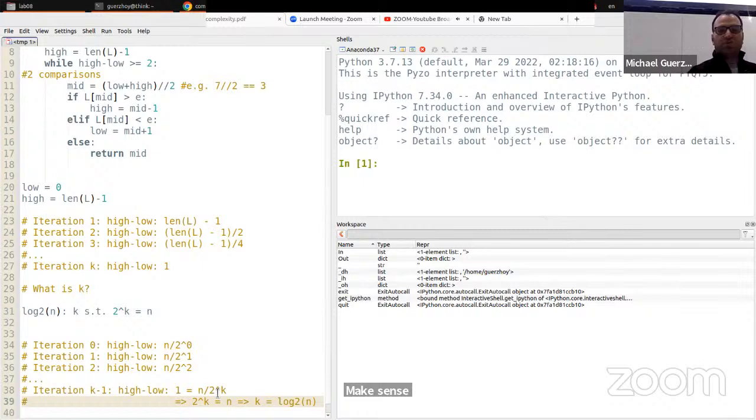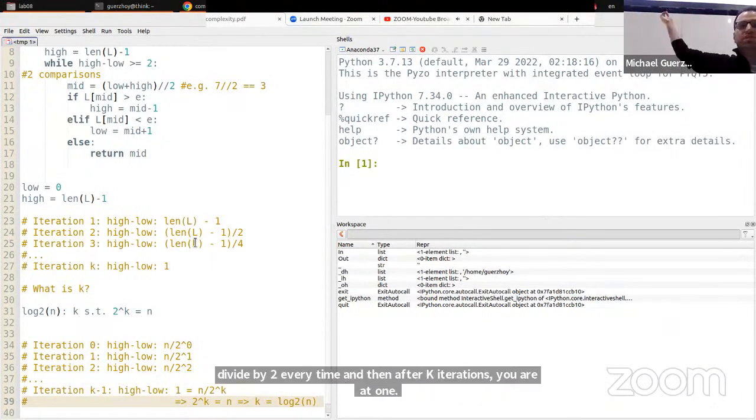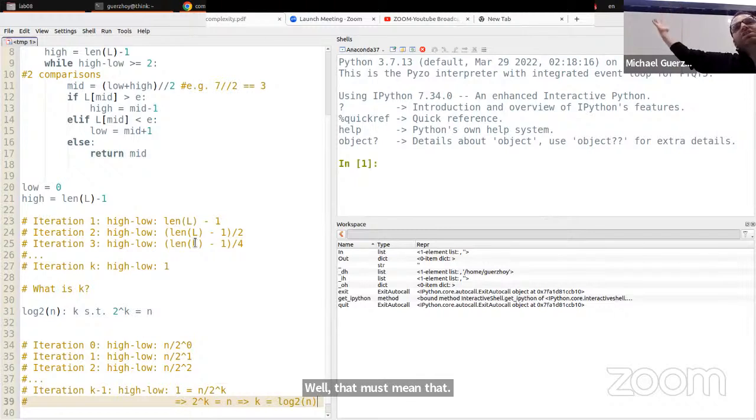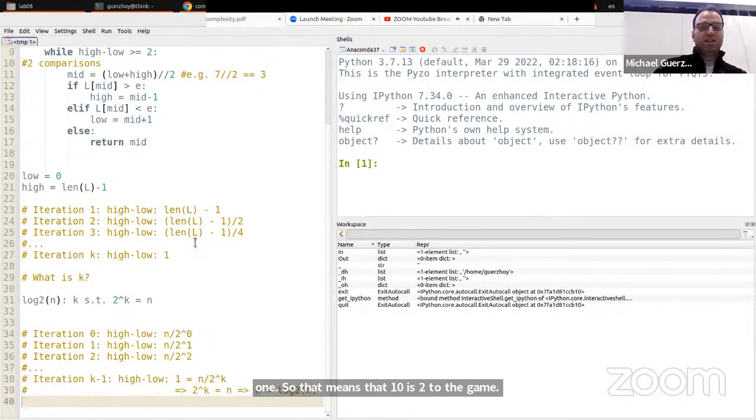So it's just a question of, if you divide by 2 every time and after k iterations you are at 1, that must mean that n divided by 2 to the k is 1. So that means that n is 2 to the k. Right?